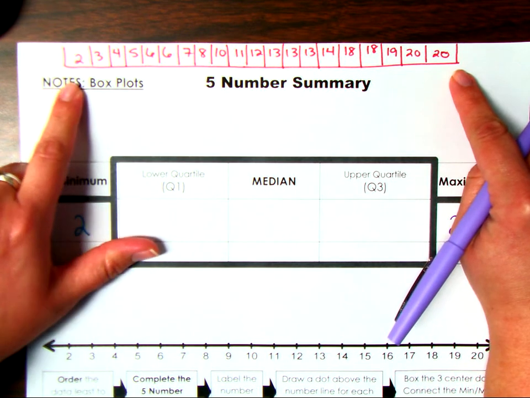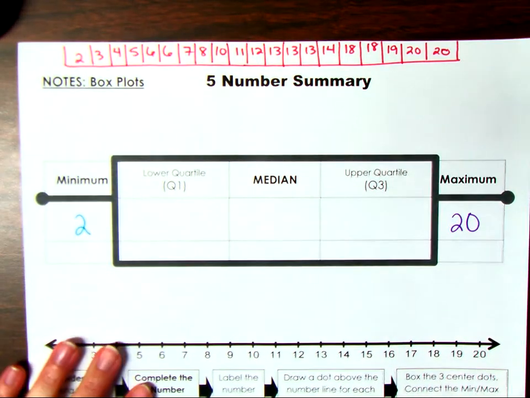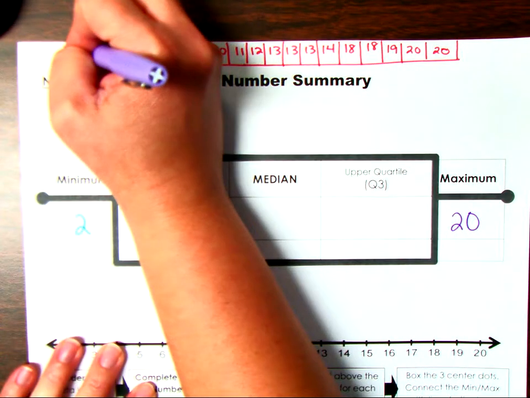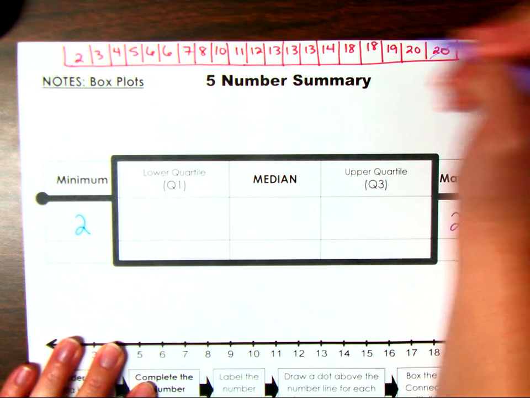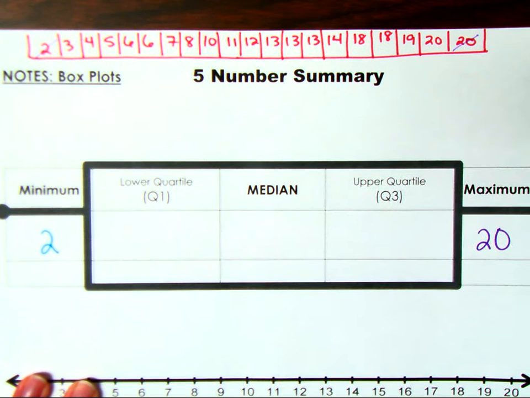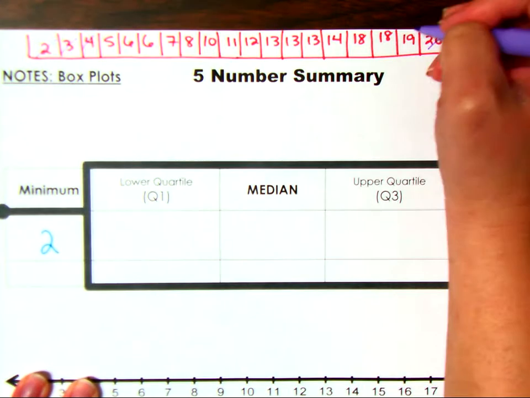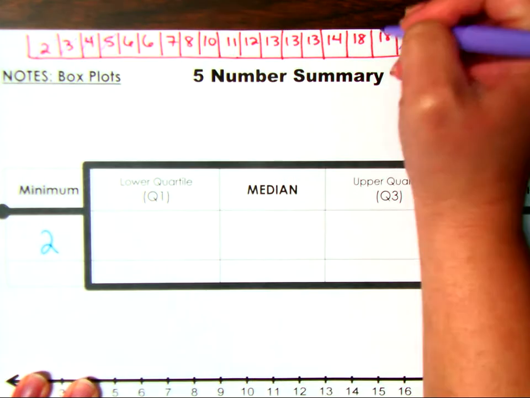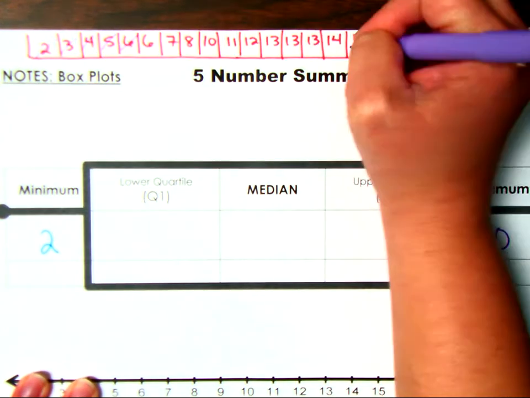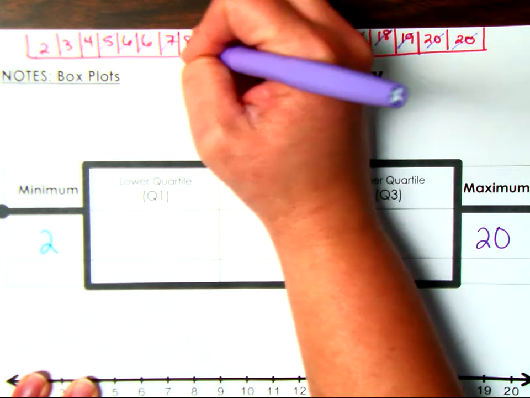If I were to cross the 2 out, the 20 out, and so on, the lowest, the highest, and I use the light purple on here so we can still see those numbers, then my new lowest, my new highest, and I go back and forth until I find the true middle number.